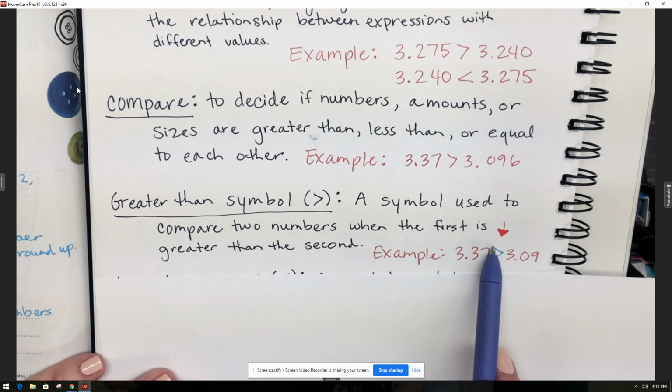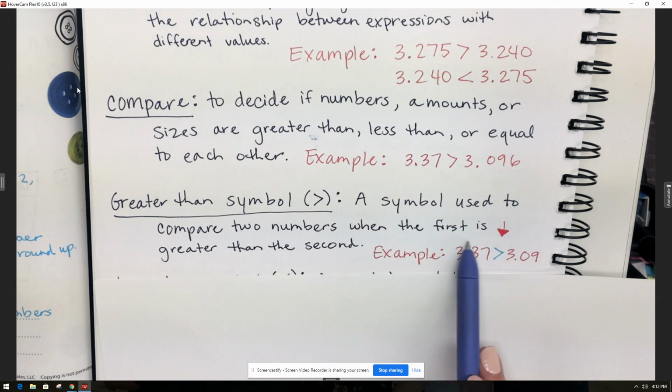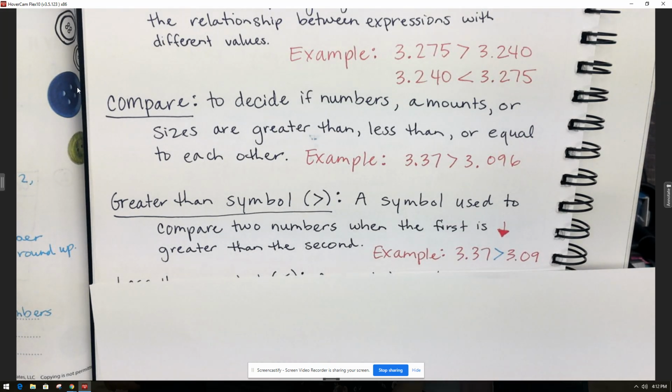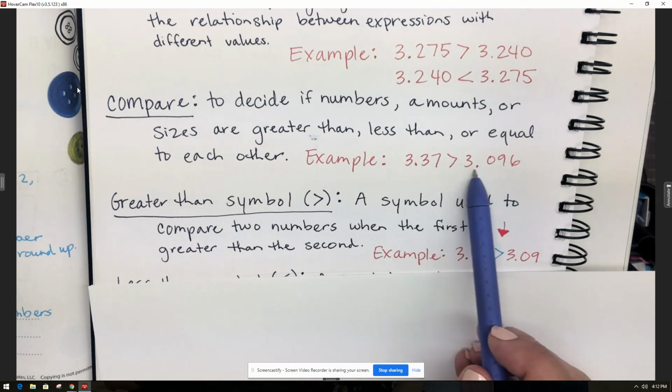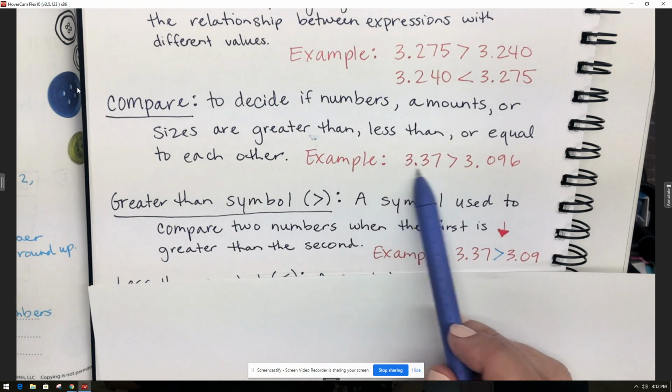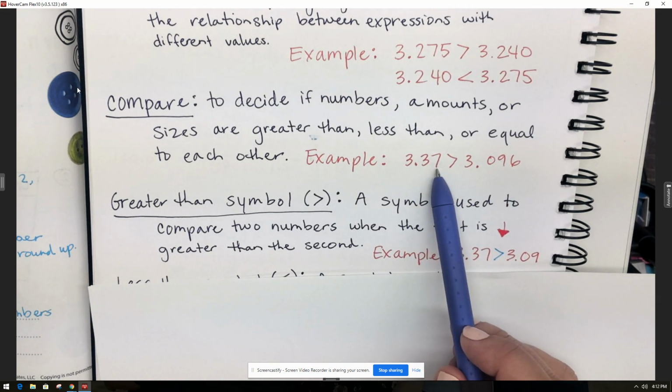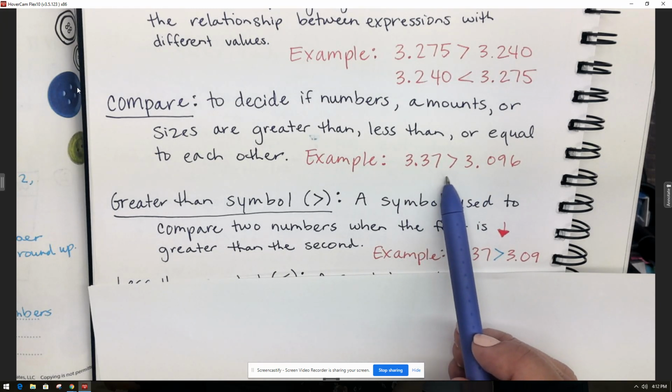Some people call it the alligator or Pac-Man, and the alligator always eats the larger value, not necessarily the longer value. Look at 3 and 96 thousandths, which is longer than 3 and 37 hundredths, but 3 and 37 hundredths actually has the greater value.